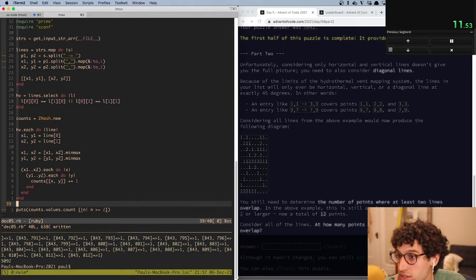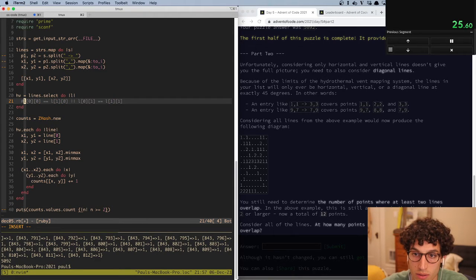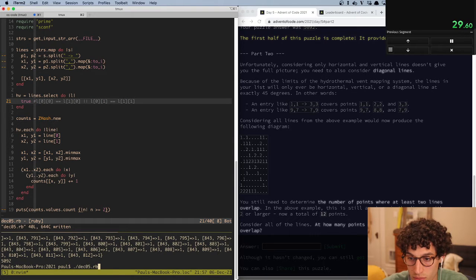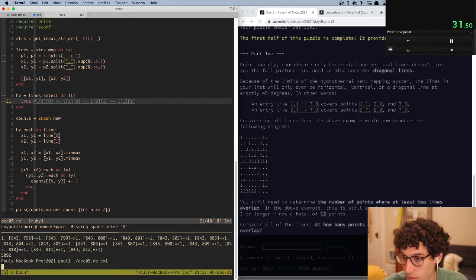You also need to consider diagonal lines. True.